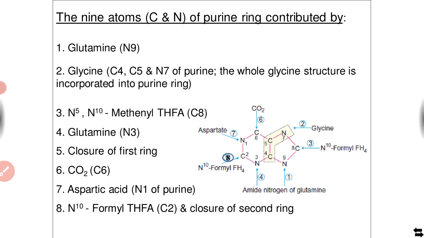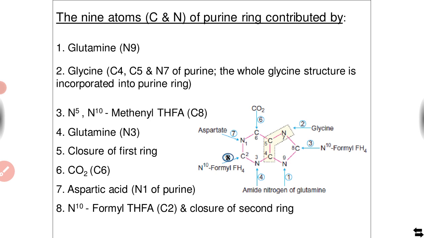So C4, C5 and N7 is formed. And in the third step, carbon is added from N10 formyl tetrahydrofolic acid. In the sixth step, the product formed is carboxy amino imidazole ribonucleotide.